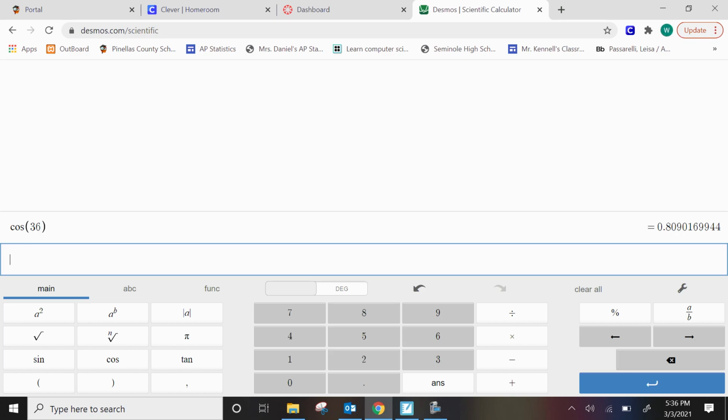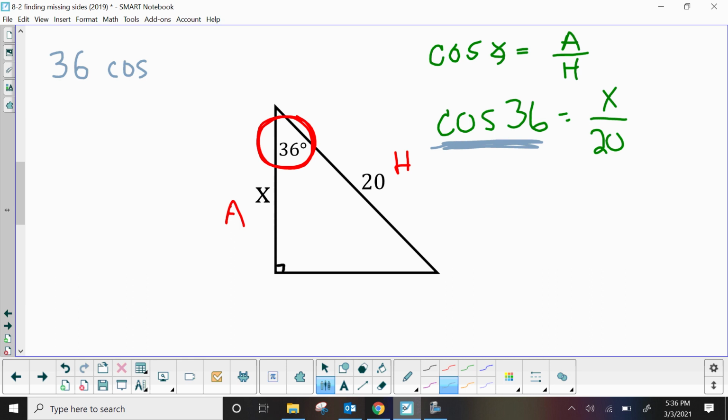0.80901699944. But again, I'm only going to use 4 decimal places, 0.8090. So 0.8090 is equal to x divided by 20. I want to get rid of divided by 20, so I need to multiply by 20 to both sides.